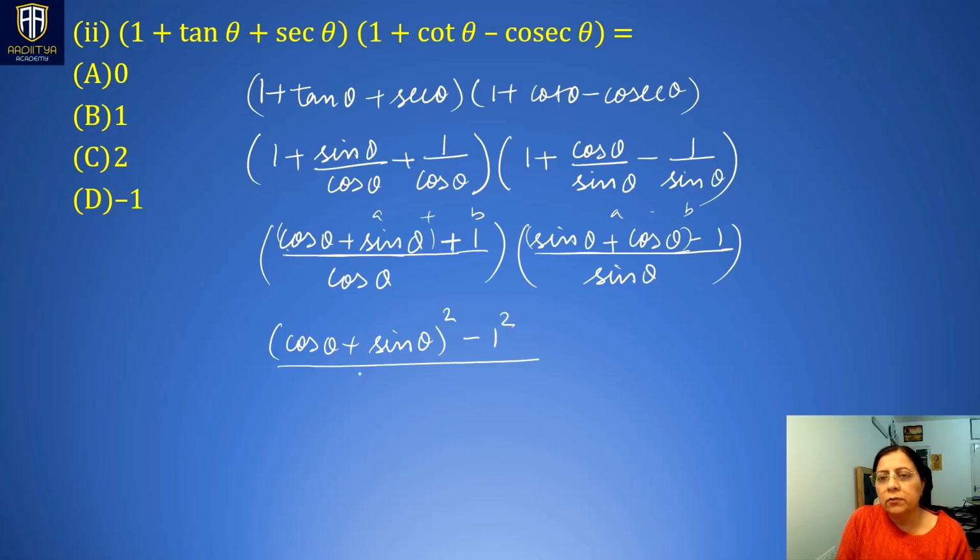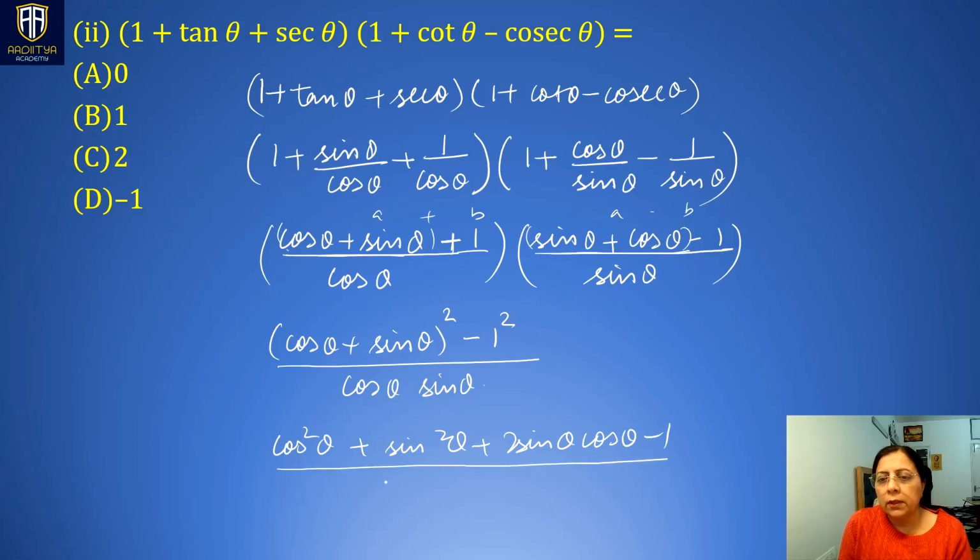And in the denominator we have cos theta into sin theta. Right? So what we can do here is open this by using the identity a square plus b square plus 2ab, 2 sin theta cos theta, minus 1.